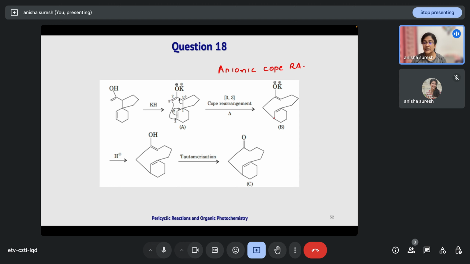This bond will shift here. This one carbon bond will be breaking, and it will result in the formation of the structure B. And upon protonation with H plus treatment, this O minus K plus will be converted into OH, that is an enol, and that will finally undergo a tautomerization reaction resulting in the formation of this ketone C. Clear?